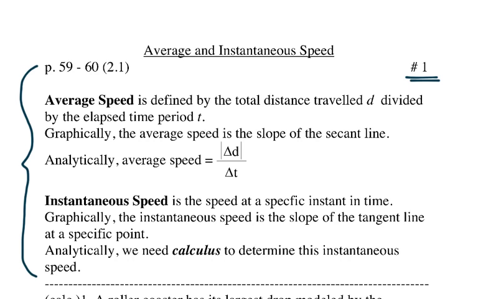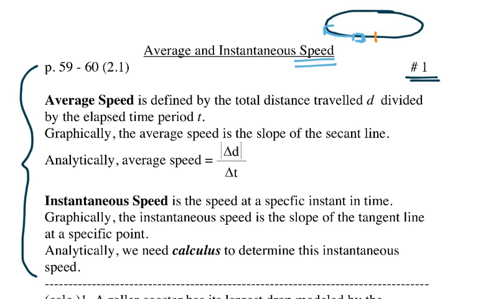The first thing I want you to notice is this word speed. We're going to be talking a lot about velocity and speed this year, and I just want to make a quick distinction. I want you to imagine a race car track, and here's the start line, and a car driving around the outside of the track.